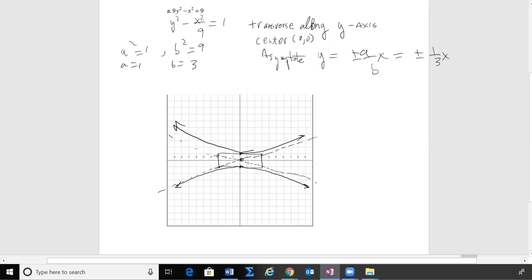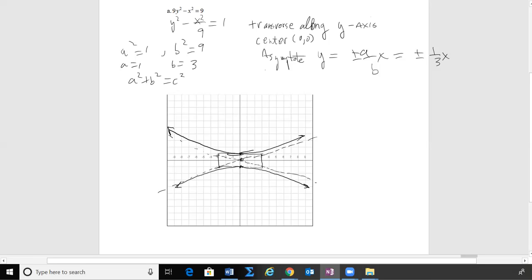I know that one's a little bit sloppy here. Let's try to make that a little neater, coming in like that. Okay. And of course you have your foci, which really don't help us to make the drawing, but you can find them because we use our relationship: a squared plus b squared is c squared.